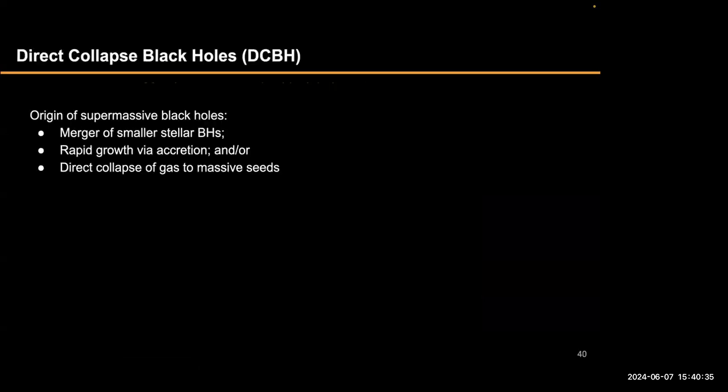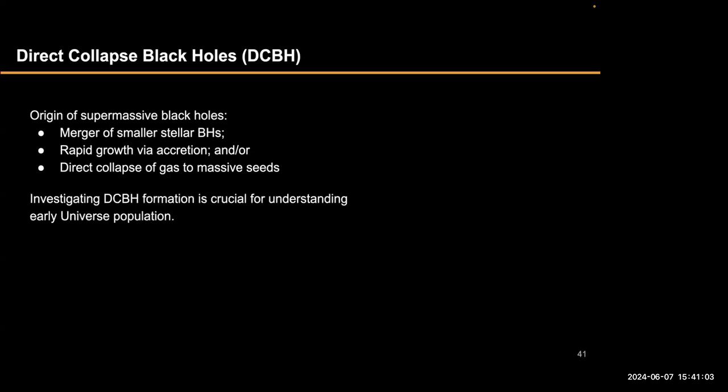So direct collapse black holes is basically trying to understand what is the origin of these supermassive black holes. It could be the merger of smaller stellar black holes, for example, or a rapid growth of a black hole because there's a lot of matter accreting on it, or you could have a massive gas cloud that just collapses and then forms a black hole that is already pretty massive.